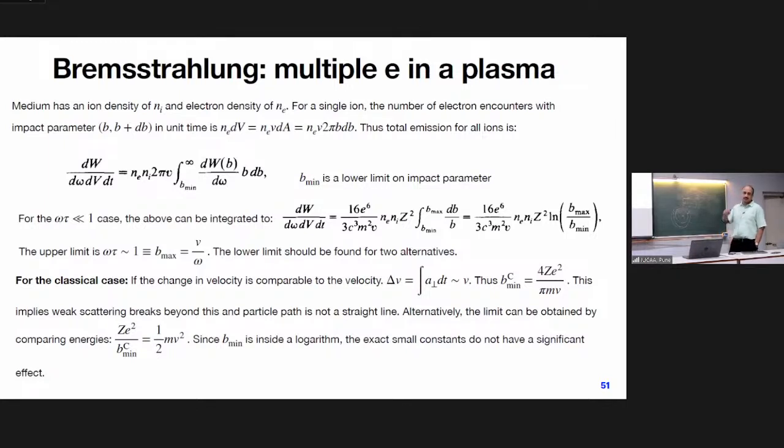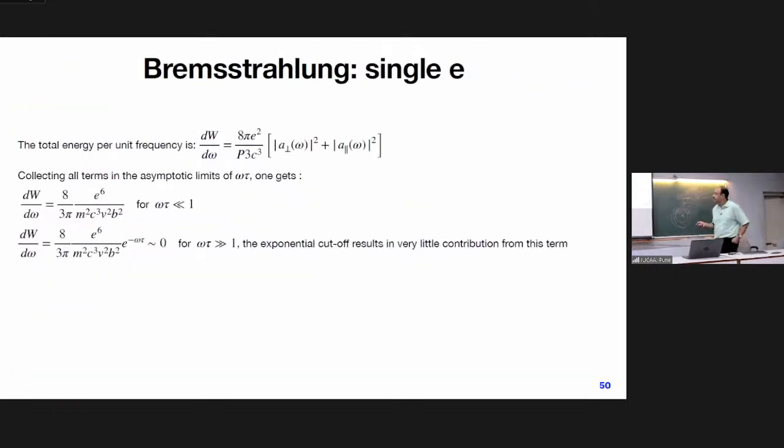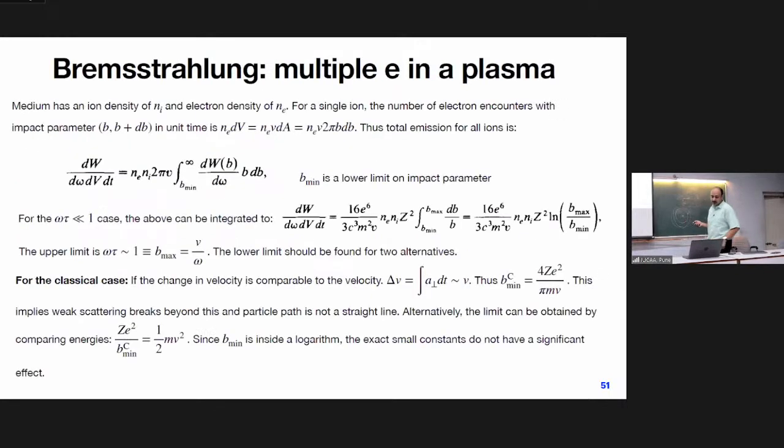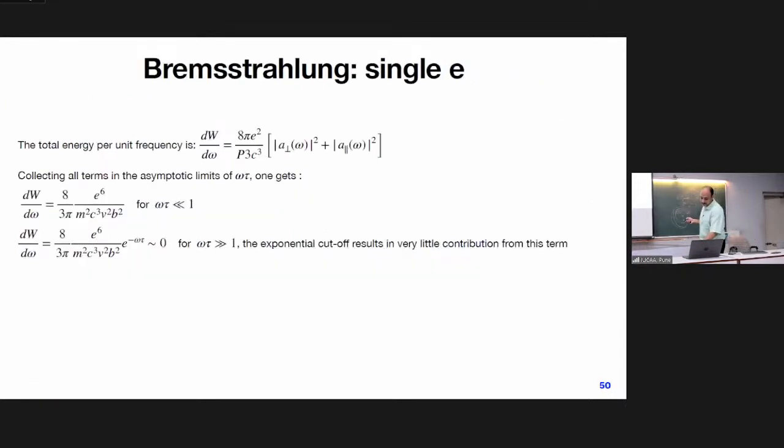So the b max, the maximum impact parameter up to which we will get emission. Remember that in the previous formula, we had already seen that for omega tau larger than 1, the contribution of this power is 0, or very close to 0. It's e to the minus omega tau. It's not exactly 0, but we'll approximate that as 0. What is omega tau? Tau is b by v. So omega tau greater than 1 gives you omega b by v greater than 1.